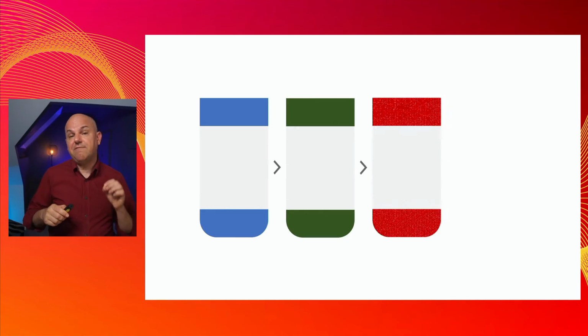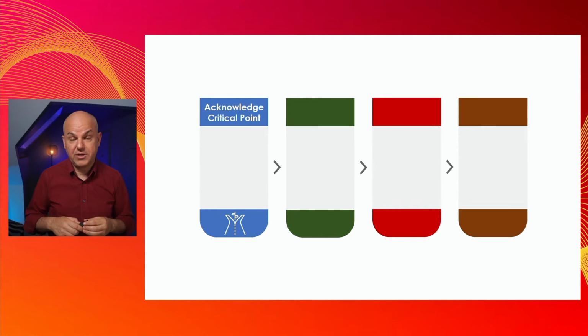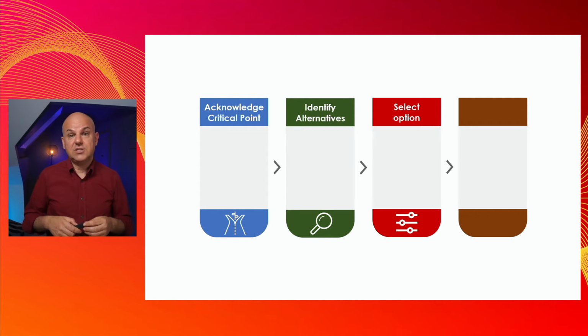It's actually a 4-step process, and you can employ this process for any section of your methodology. The first one is to acknowledge that there's a critical point. Once you've done that, you have to identify the alternatives. Once you identify the alternatives, you have to select an option. And once you select an option, you have to explain why you've gone for that option and not for other options.